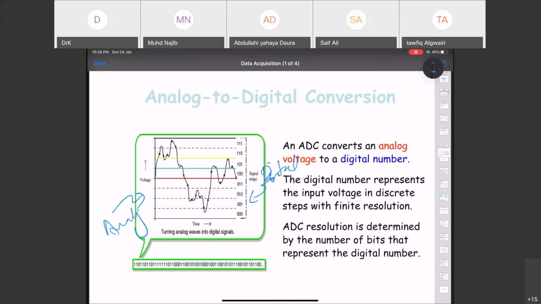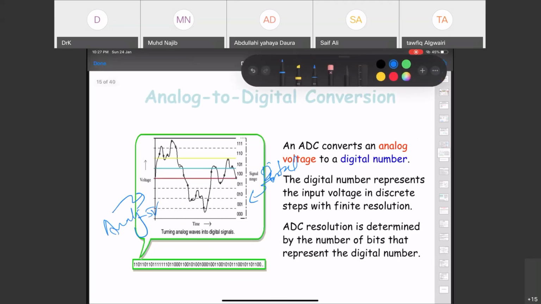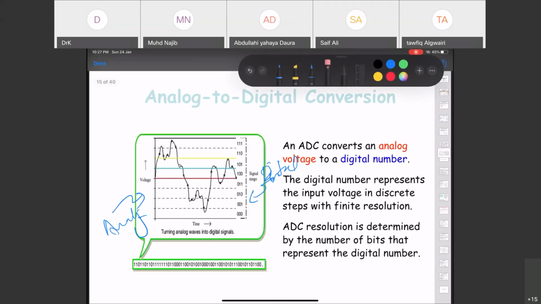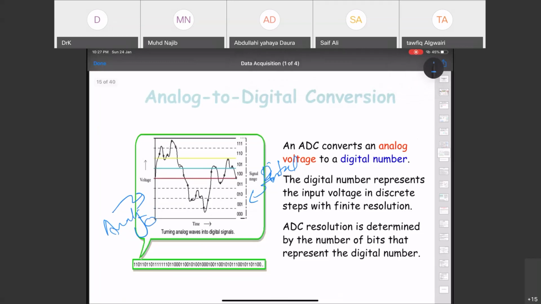On the analog side, basically you have voltage, maybe running from minus 5 volts. Sorry, I got it wrong. Here in this case, you have from 0 volt going up to 1, 2, 3, 4, 5, 6, 7 volt.